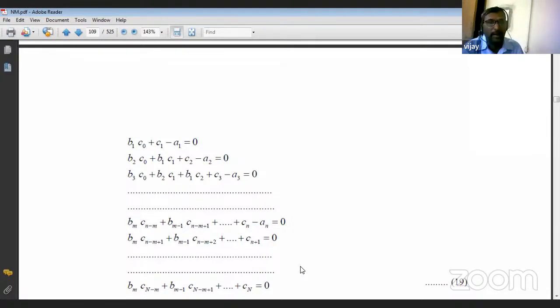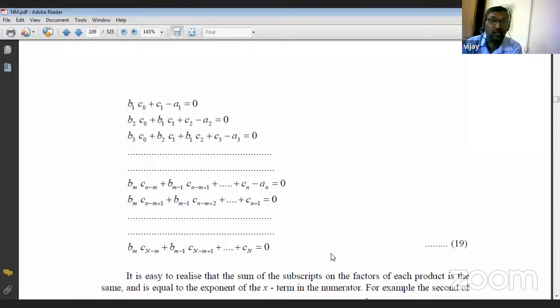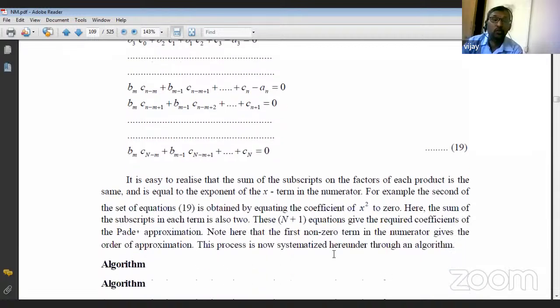Expanding the equations, the next terms come automatically: b3, b2, b1 with C3 minus C2, and a3 comes automatically from here. And the Nth condition: bm C_{n-m+1} plus b_{m-1} C_{n-m+2} and so on plus b1 C_{n} plus C_{n+1} is equal to 0.